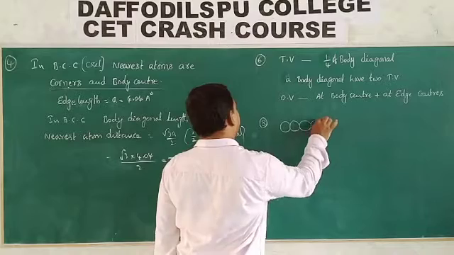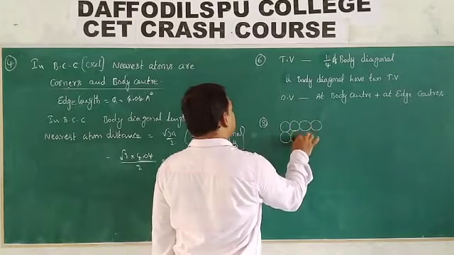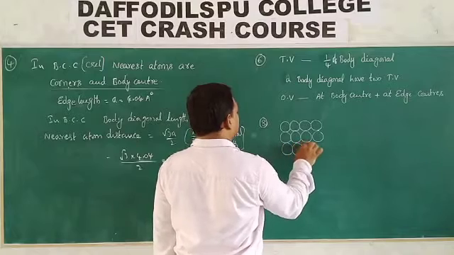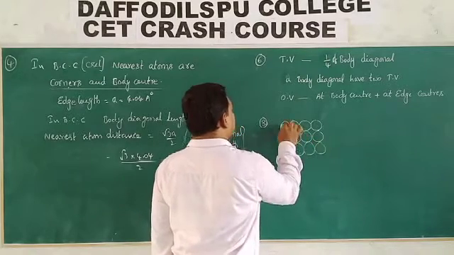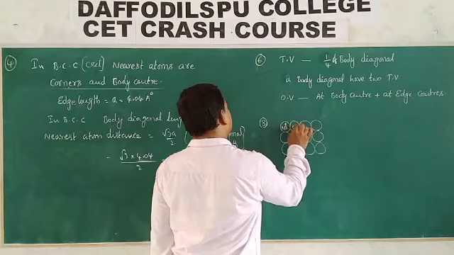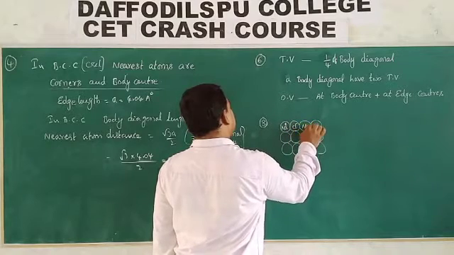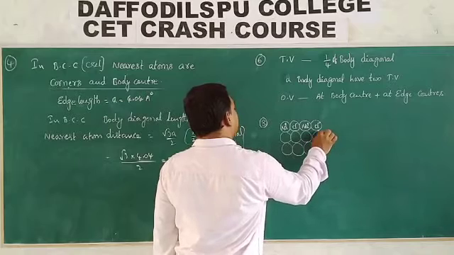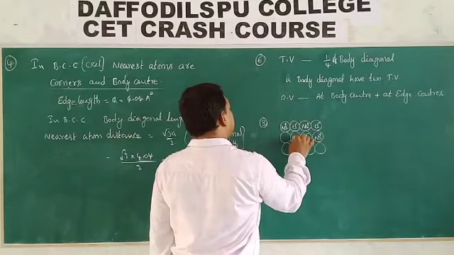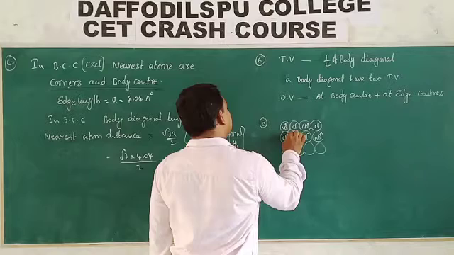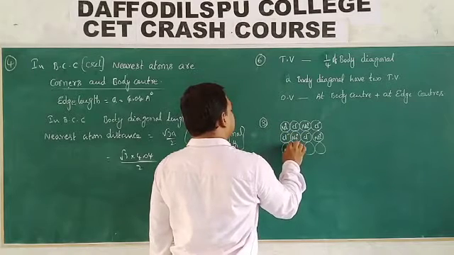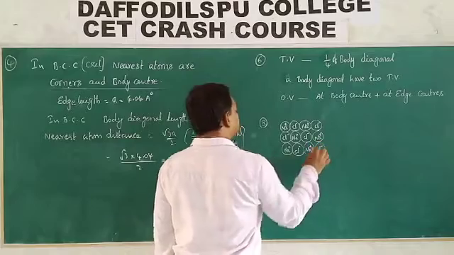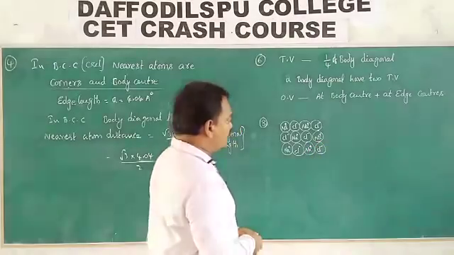Consider this as a sodium chloride crystal. This sodium chloride crystal appears like this: Na plus, Cl minus, Na plus, Cl minus, and so on.